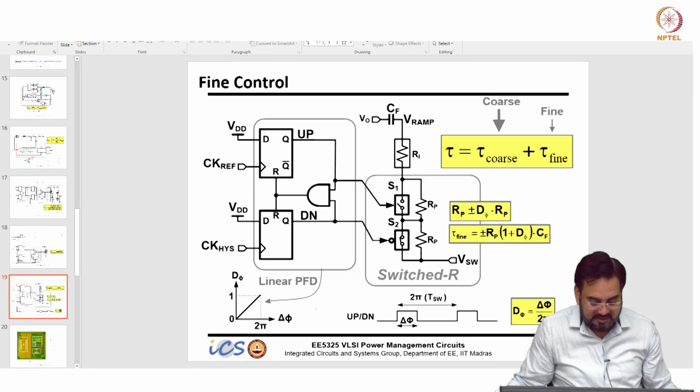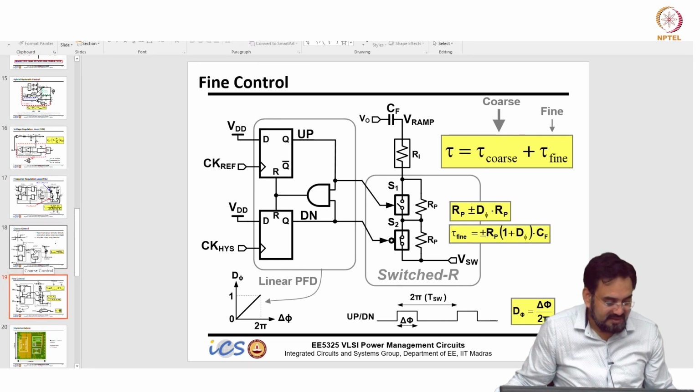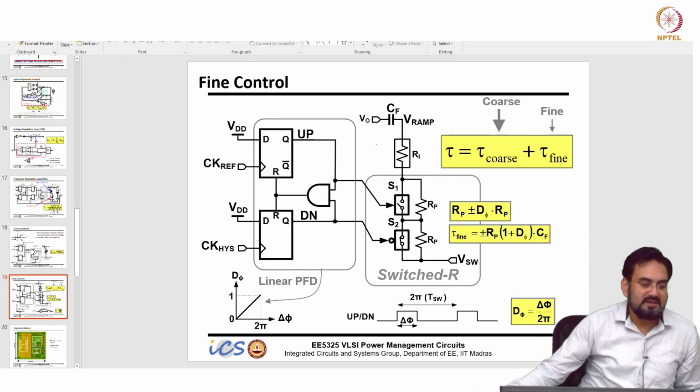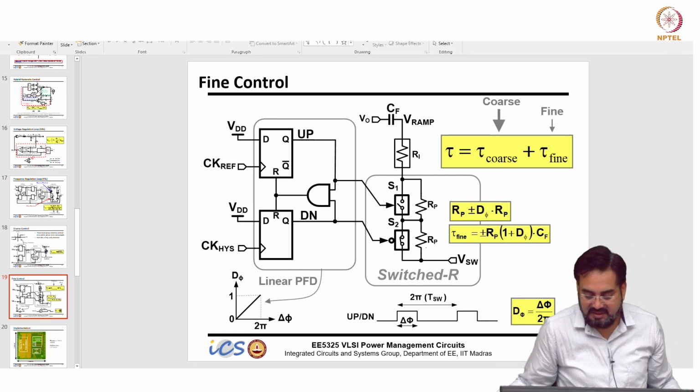So that's what we did in this, and this is what is happening. So this is permanently on. So when down comes, it will open it and add the resistor. When up comes, it will close it and reduce the resistor, correct. So this will work like a fine control, and once it is locked, this pulse width will keep coming.